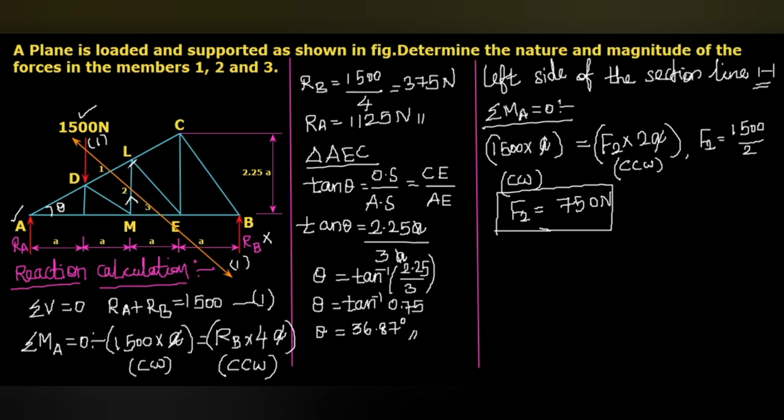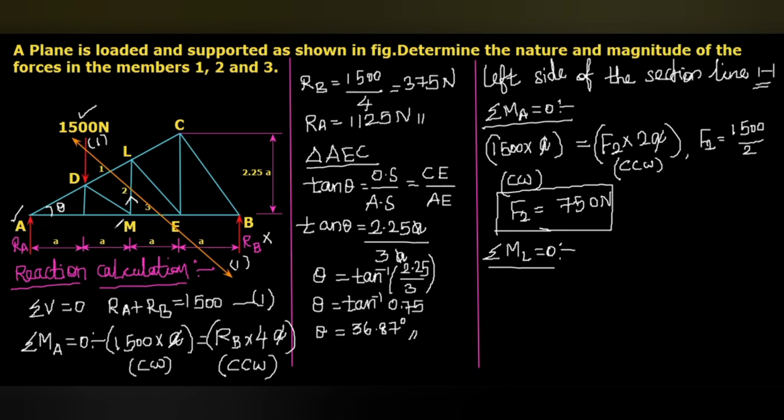So next I'm going to take moment about L. Summation of moment about L and equate to 0. When I take moment about L, these two forces, F1 that passes through L and F2 that also passes through L, will be eliminated.